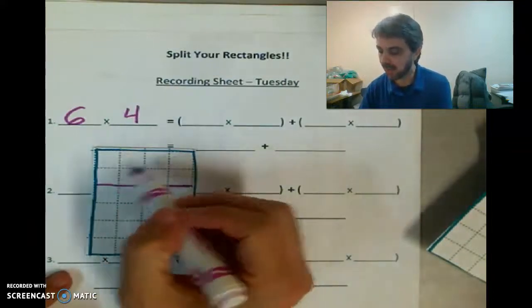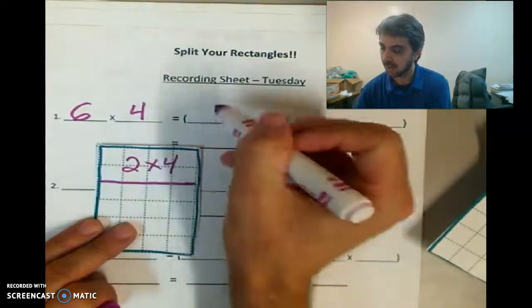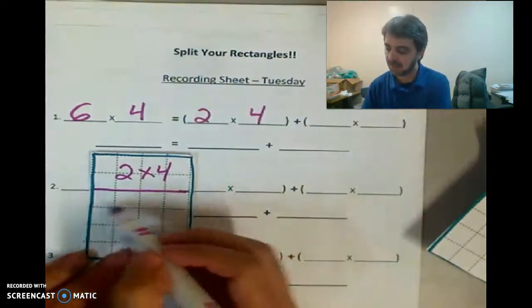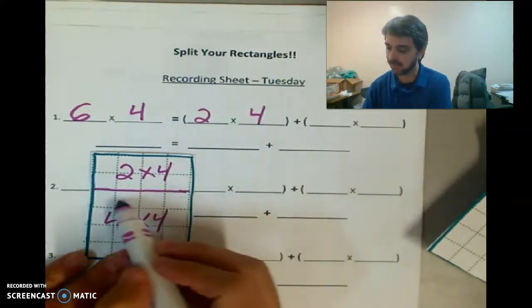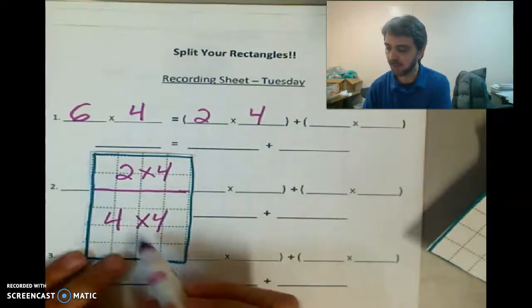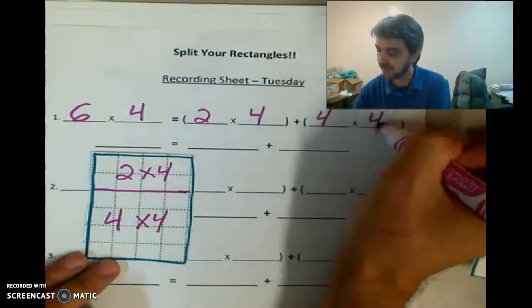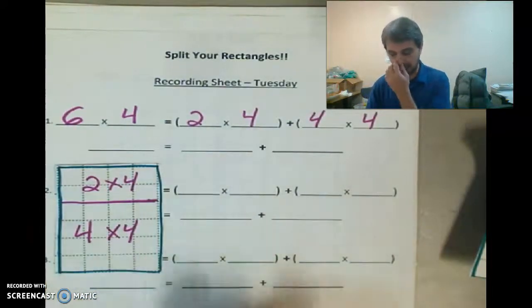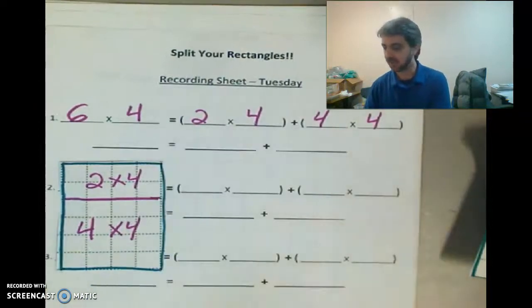Up here, we have 2 rows of 4, plus we have 4 rows of 4 down here, because we have 1, 2, 3, 4, and there's 4 in each row. So we're going to put 4 times 4. So 6 times 4, which is the whole rectangle, is the same as 2 times 4 and 4 times 4.